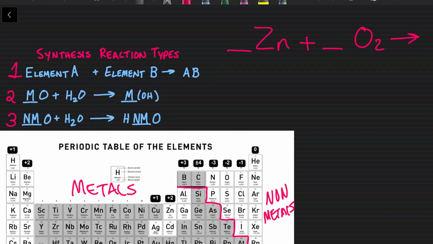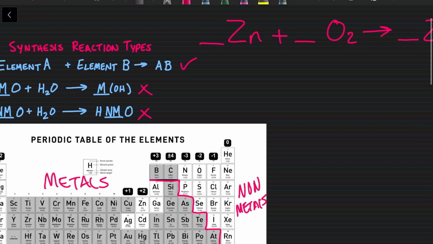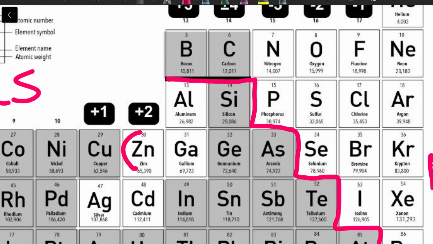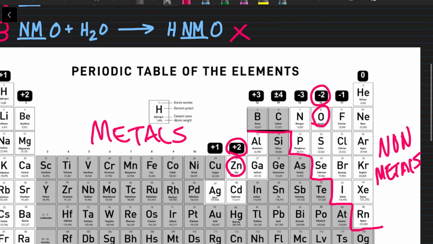Okay. Next, we got zinc, and it's combining with oxygen gas. We don't see any water, so it's going to be the first type, and so we just got to combine the elements together. We look for their charges, so we look for zinc. Zinc has a positive 2 charge, and oxygen has a negative 2 charge. Remember what I said in that previous problem?